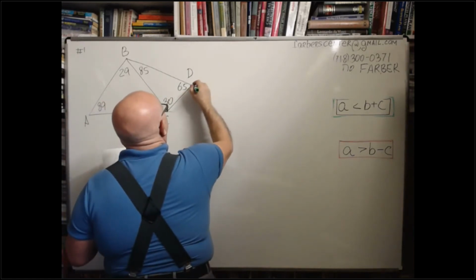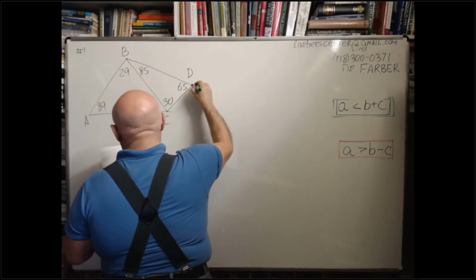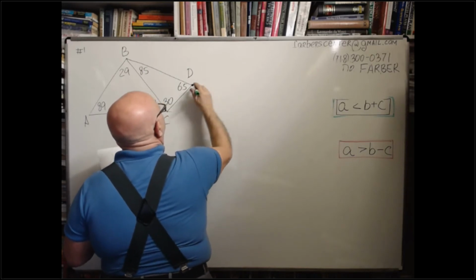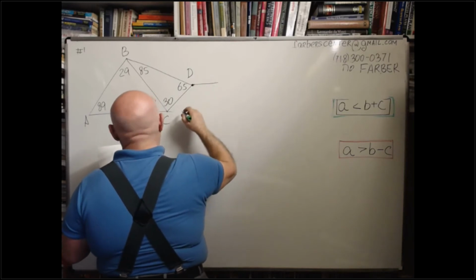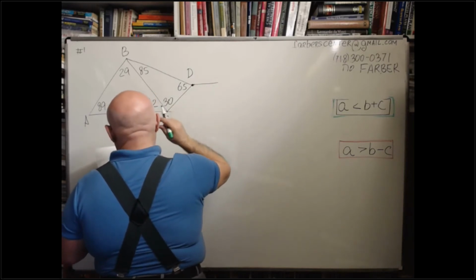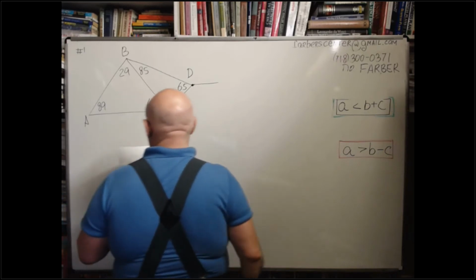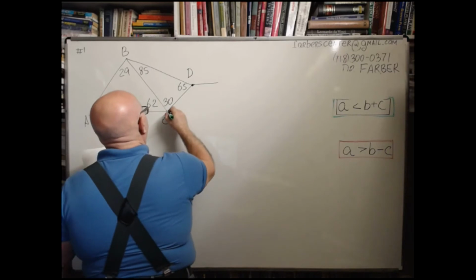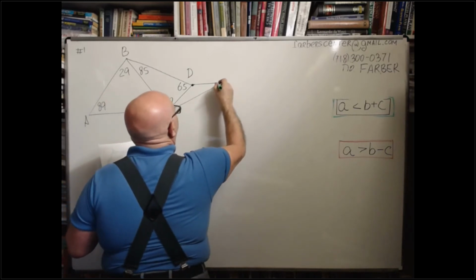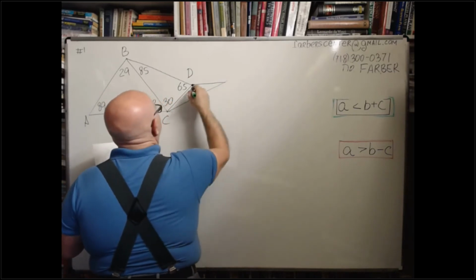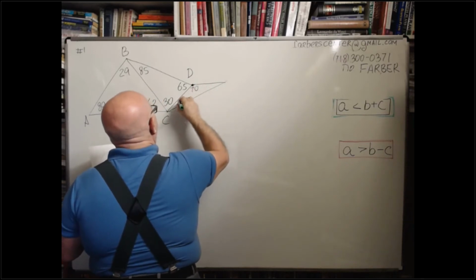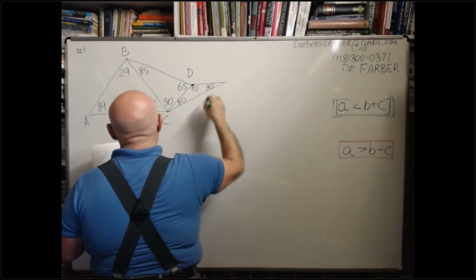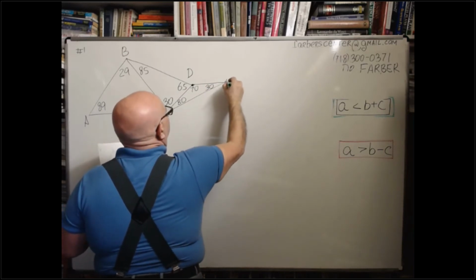And one more triangle from this point. And this is 70, 80, and 30. And this is E.